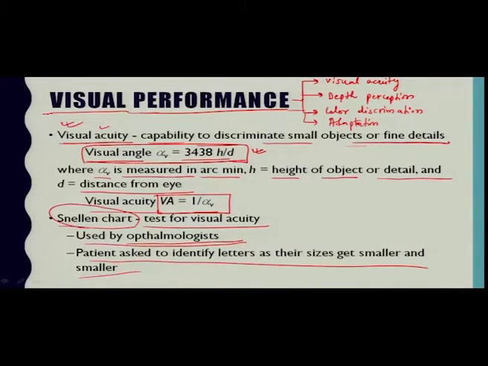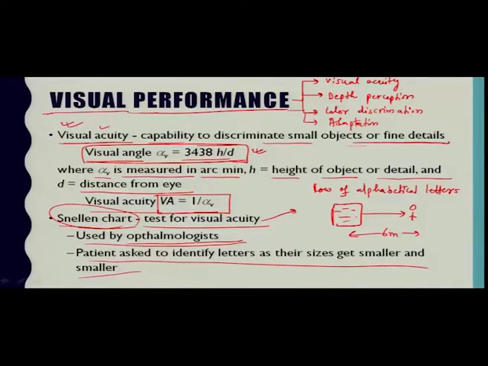This Snellen chart basically consists of rows of alphabetical letters against a bright white background, located at a certain distance away from the patient, and the usual distance is 6 meter.